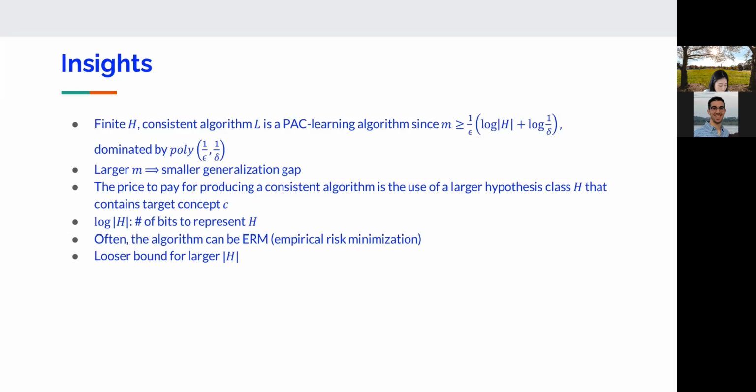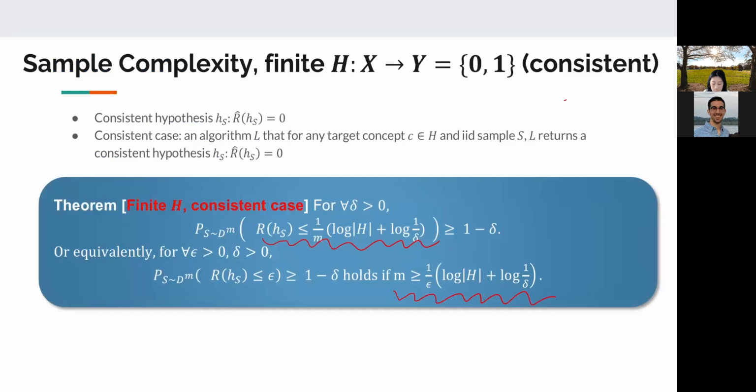So there is a trade-off. If your hypothesis class is larger, you're likely to get a consistent algorithm, but your sample complexity will be larger, because the sample complexity is related to the logarithm of H here.